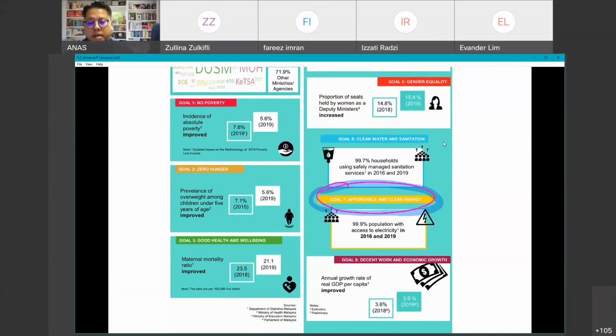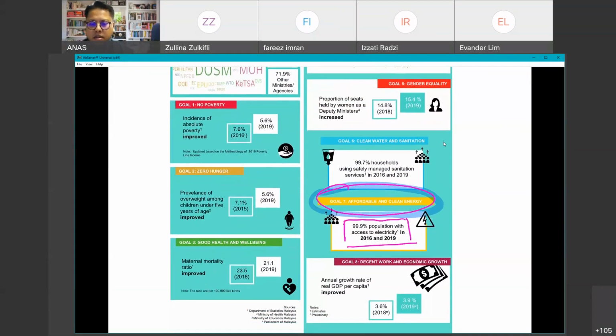So if you look over here, goal number 7, affordable and clean energy. The summary states that we have almost 100% population with access to electricity in 2016 and 2019. This obviously is good.